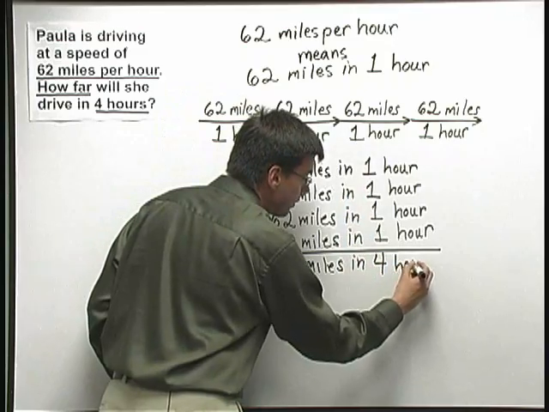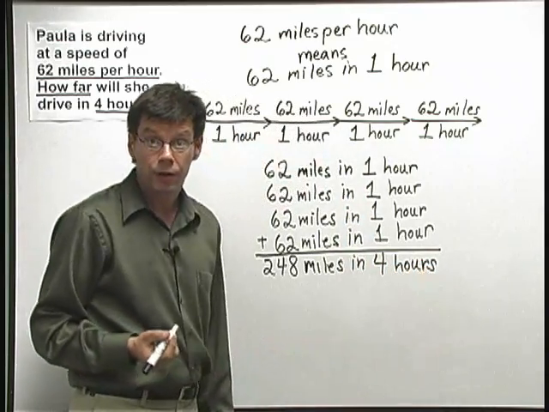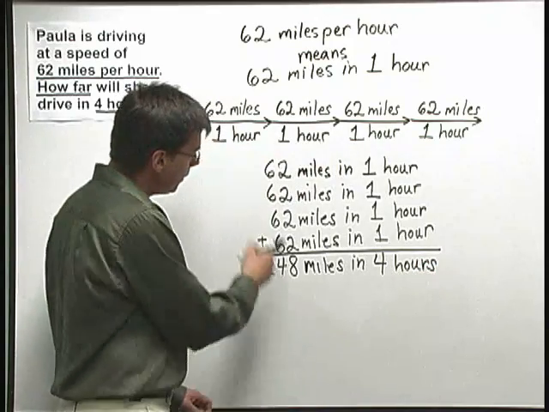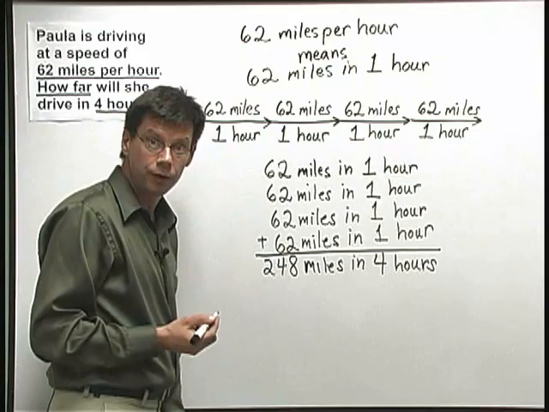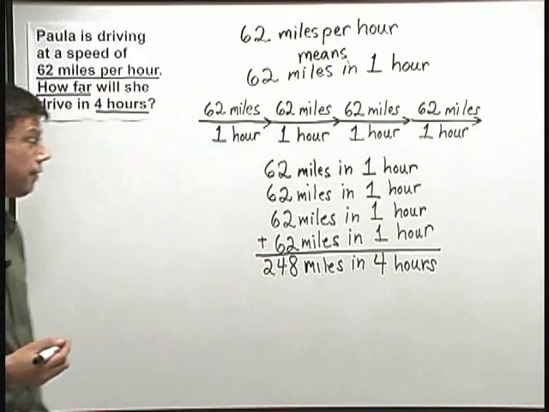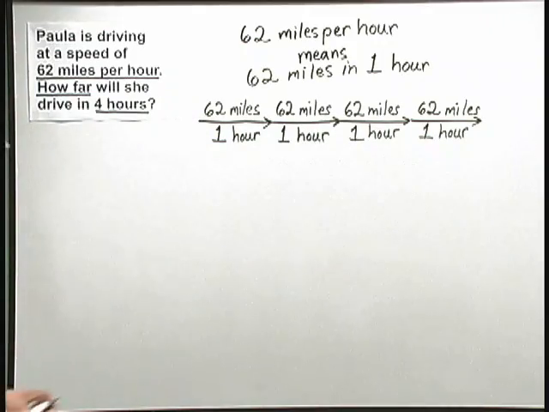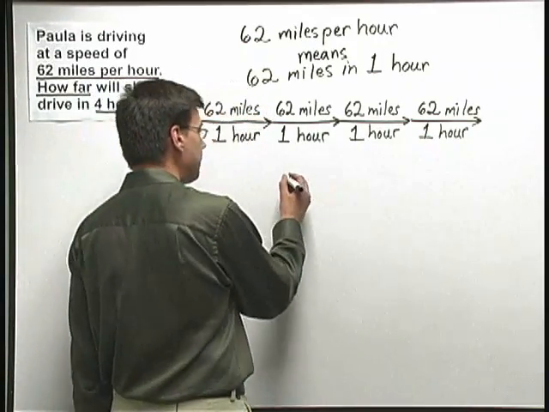That's 4 hours. Now there's a shorter way we could have figured this out. Because we're adding 62 to itself over and over, we could have just multiplied 62 by 4 to figure this out.